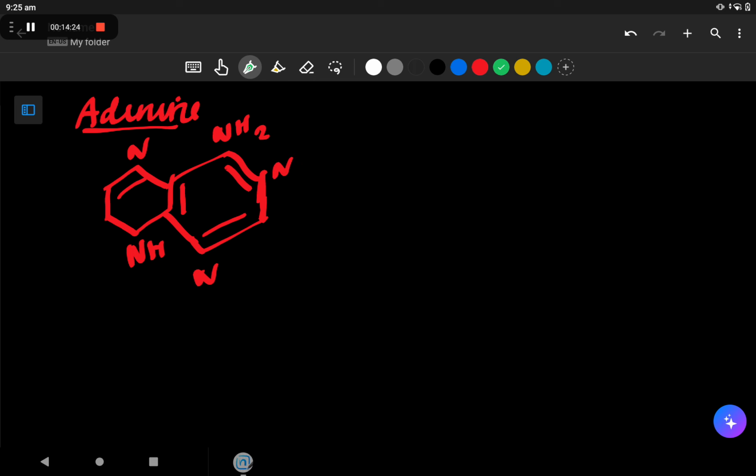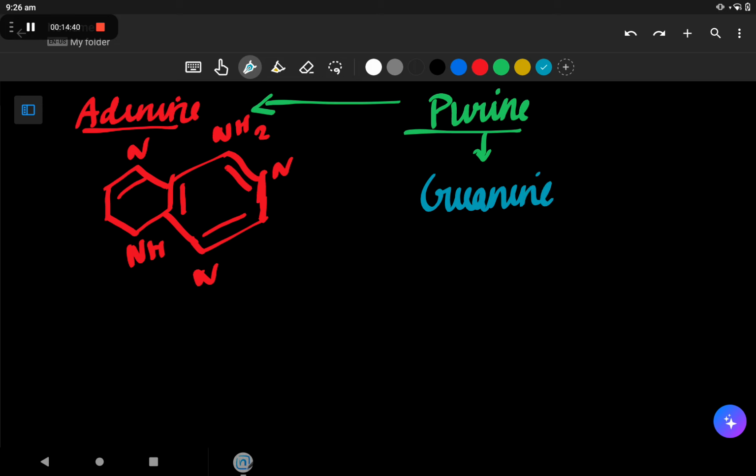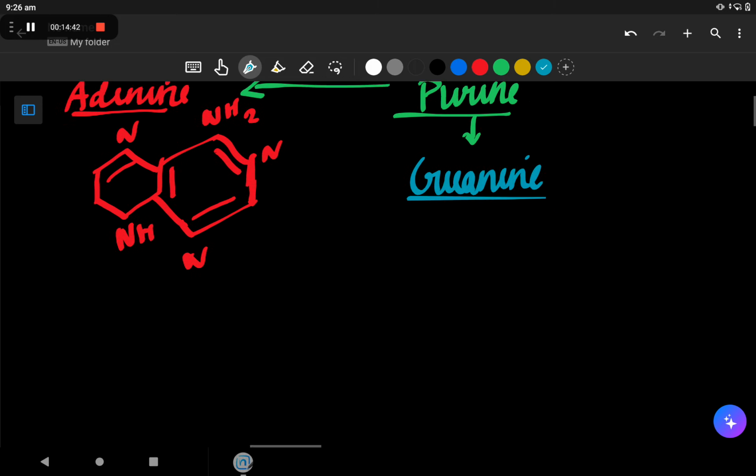Adenine is a type of purine. Let's see guanine also. Guanine is also a purine.